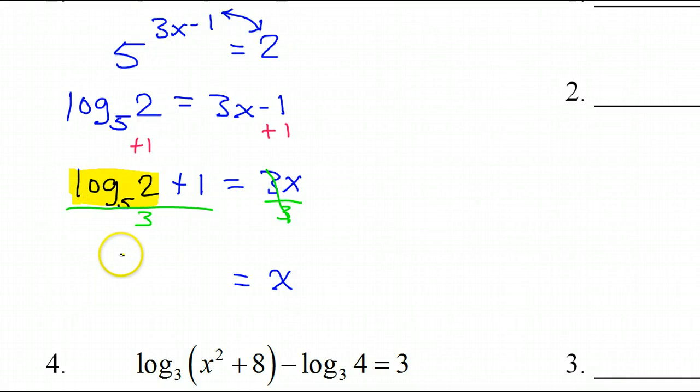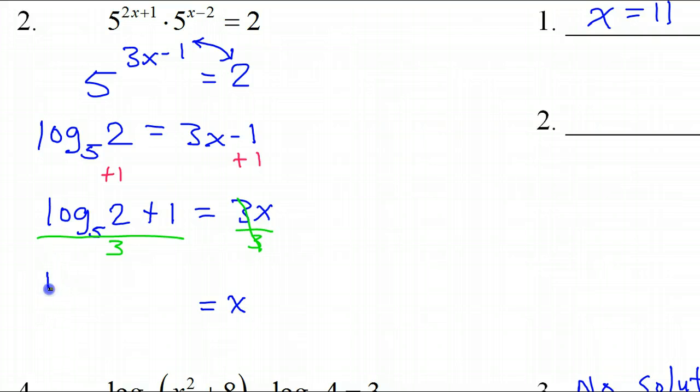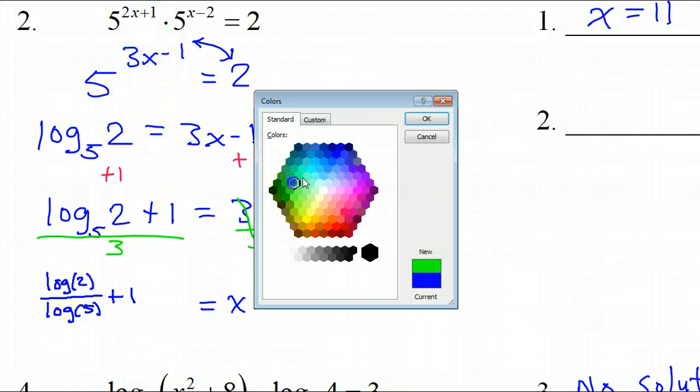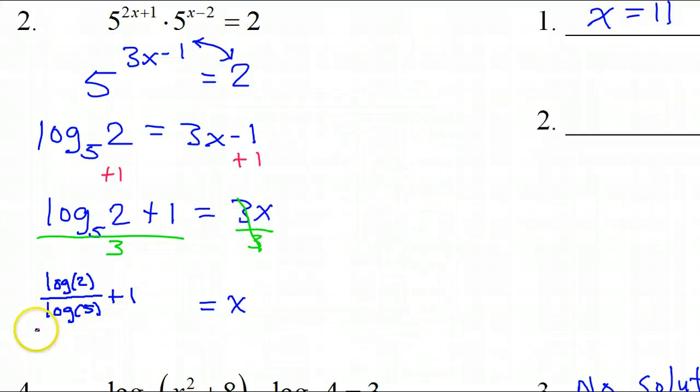And I can write that as log 2 over log 5 plus 1. And let me keep this in green so that it's easy to follow what I'm doing, because all of this is still over that 3.